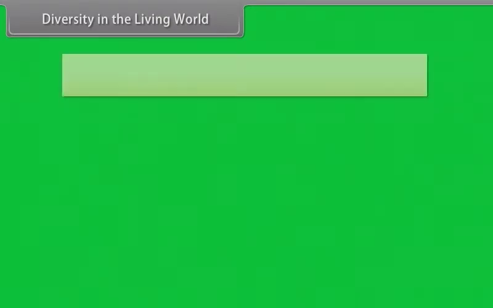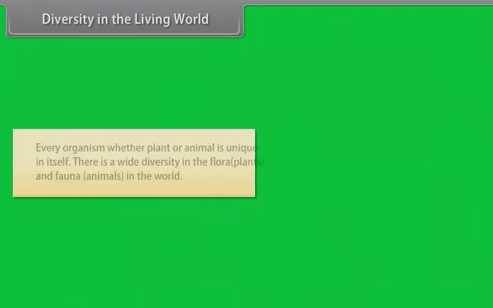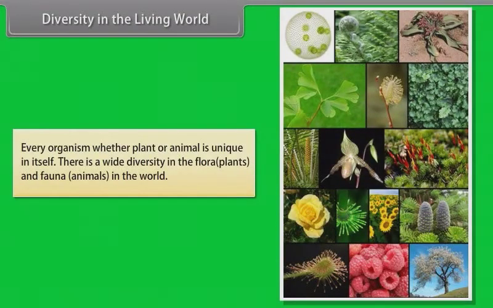Diversity in the living world. Biodiversity is the number and types of organisms present on the earth. Every organism, whether plant or animal, is unique in itself. There is a wide diversity in the flora, plants, and fauna, animals in the world.